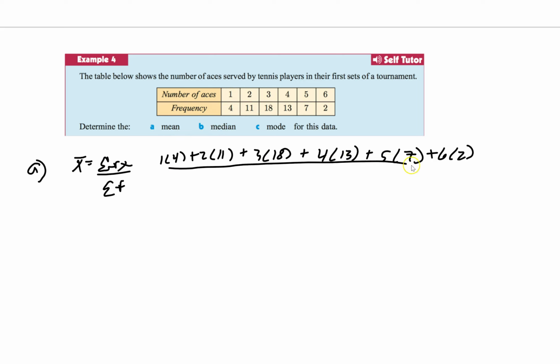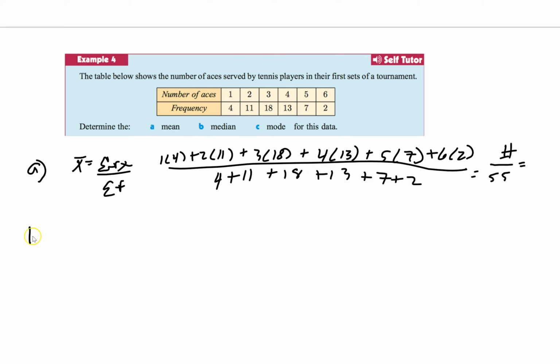And divide it by the total frequency, which is going to be 4 plus 11 plus 18 plus 13 plus 7 plus 2. Then divide those two answers together, you get your mean. And that's going to be 55 on the bottom. That's some number over 55, whatever that turned out to be.